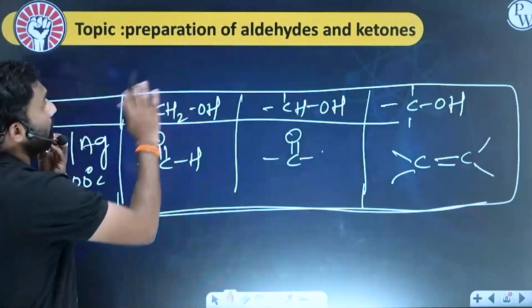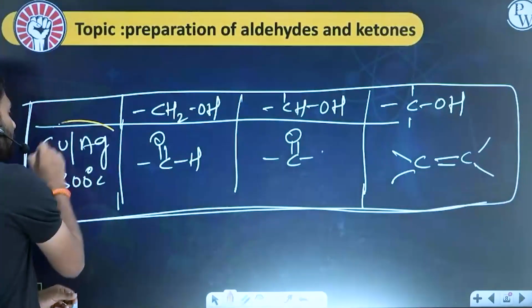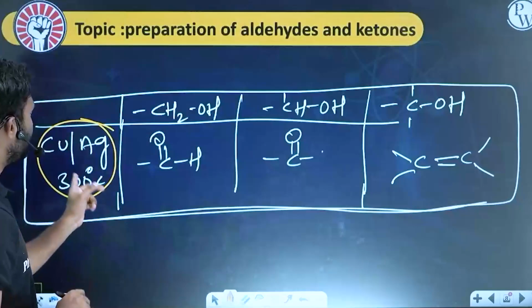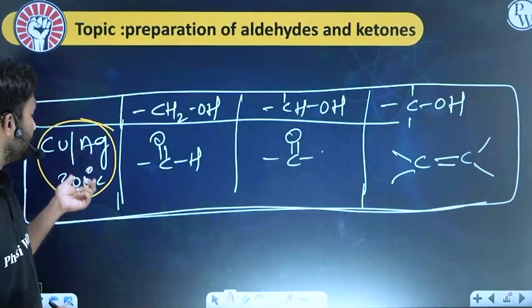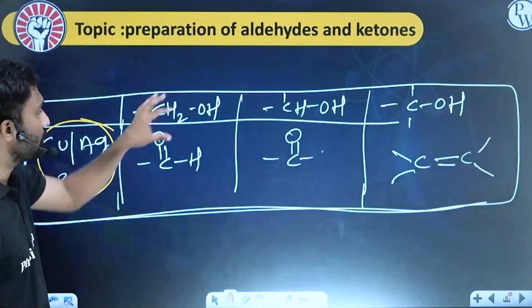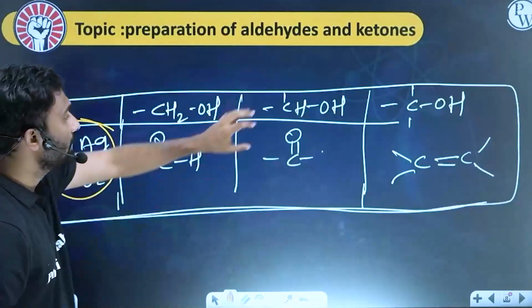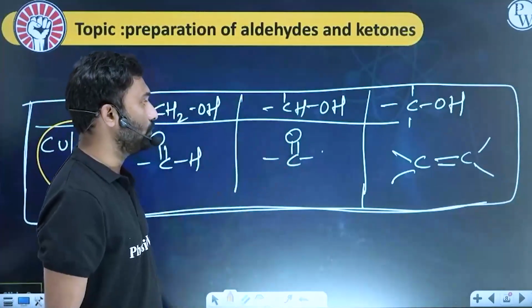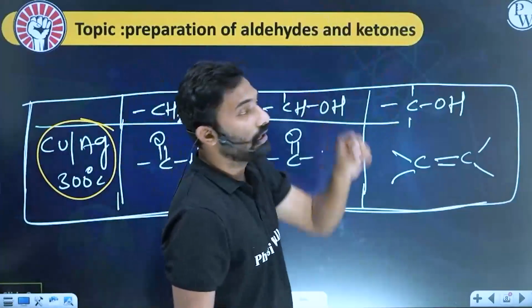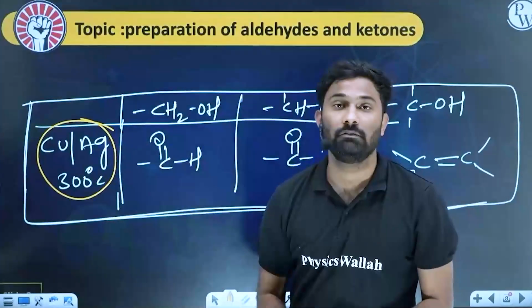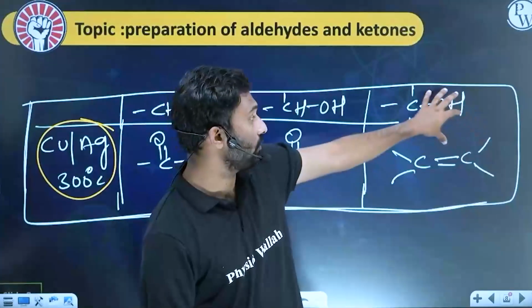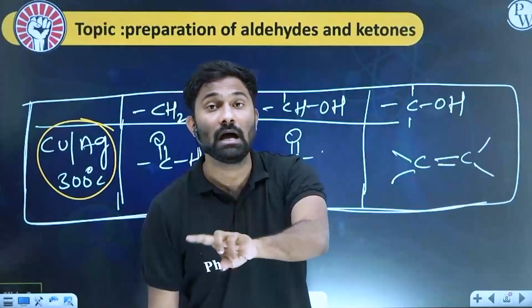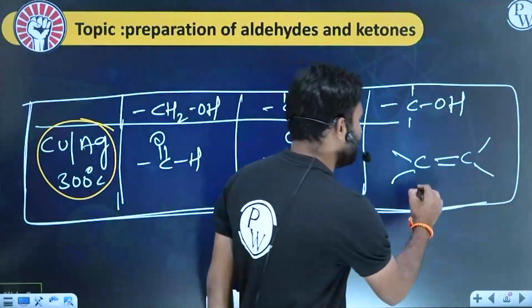Next, preparation of aldehydes and ketones with the metal Cu or Ag in the presence of 300 degree high temperature. Primary alcohol will convert into aldehyde. Now secondary alcohol will be converted into ketone. Now tertiary alcohol with this metal at the high temperature will not give aldehydes and ketone, but it will give the alkene.